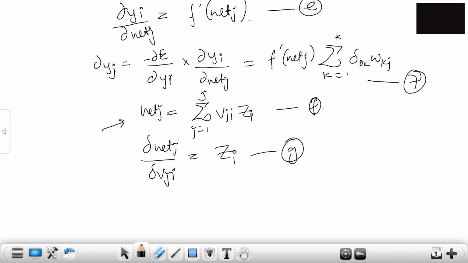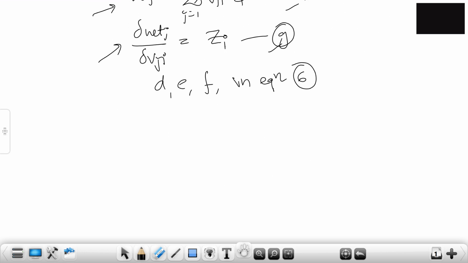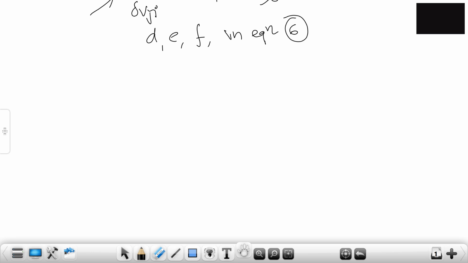Okay, the remaining things in the equation, this is what we have to substitute. So now substitute D, E, F in equation 6. We substitute all of these D, E and F in equation 6. What you should get? The gradient value, right? We're calculating the gradient value of the error. So what do you write over here?